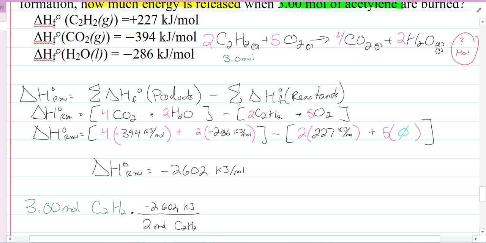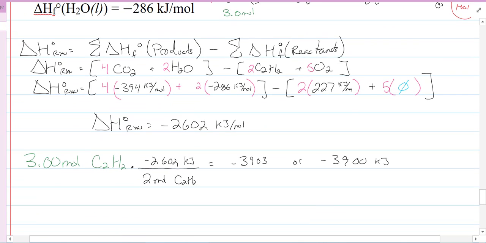So that gives me 3903, or negative 3900 kilojoules. Sig figs, I have 3, so this had better be 3.90 times 10 to the third kilojoules. Negative means it's released.